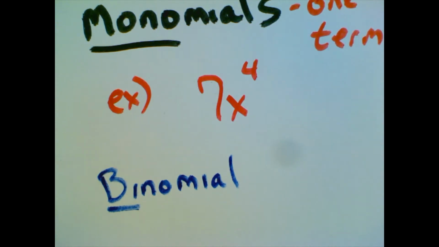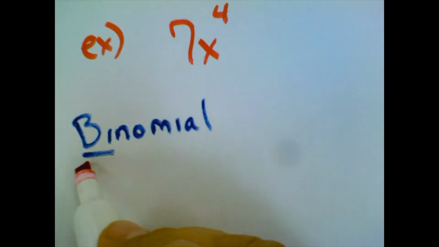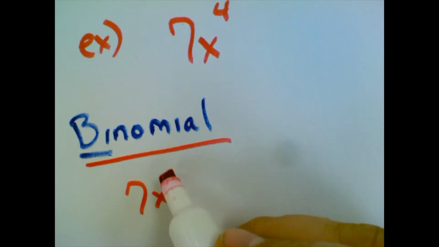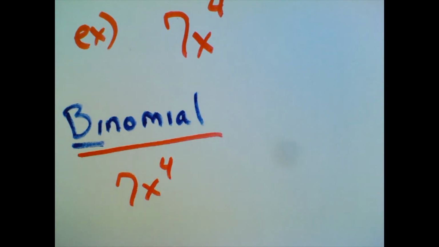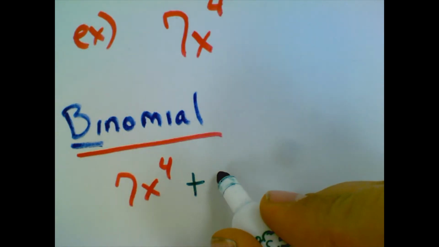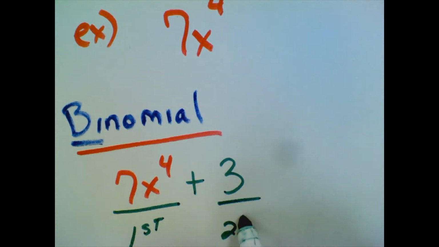So to build two terms, if I take this original 7x to the fourth power, and I want to make it a binomial, now if I add an addition or subtraction sign, for example, 7x to the fourth plus 3, that now becomes a binomial. The terms are separated by the plus sign in this case, or it could be subtraction. So this would be your first term, this would be your second term.